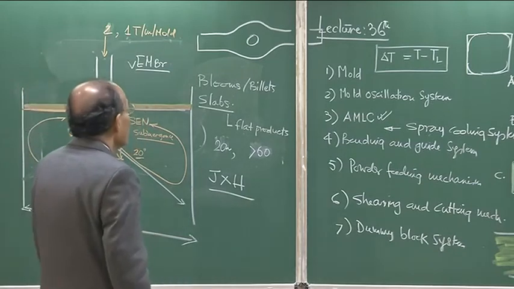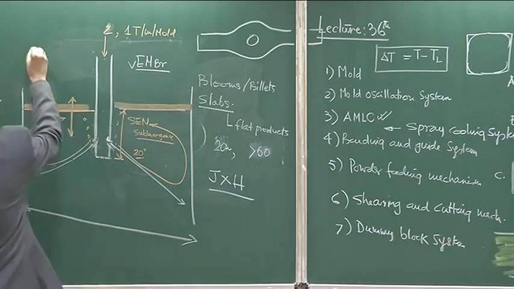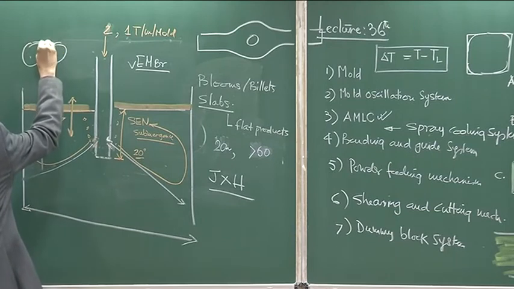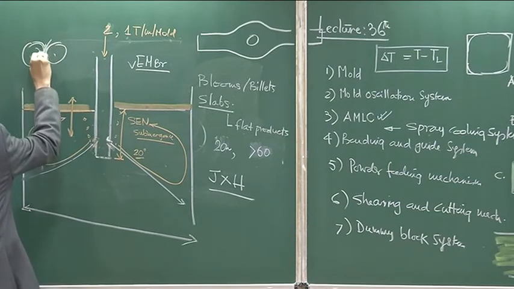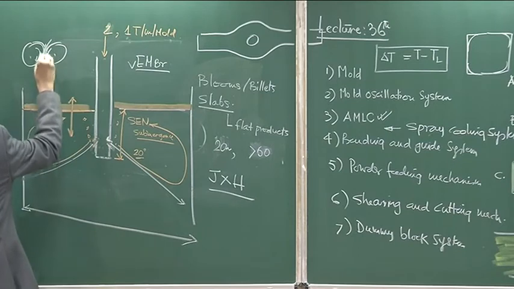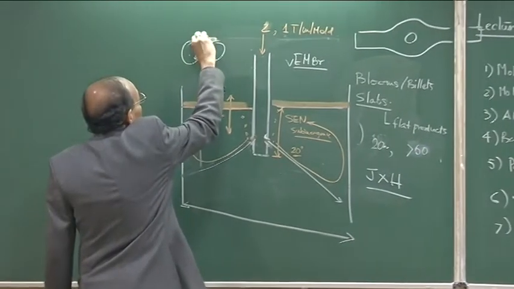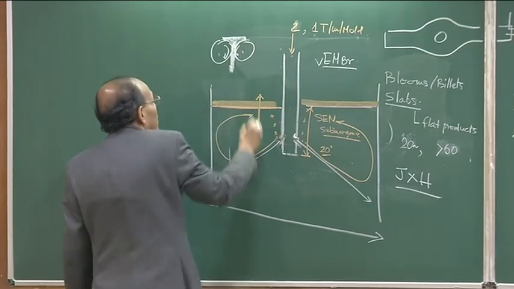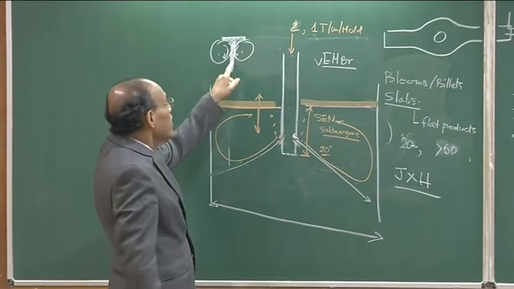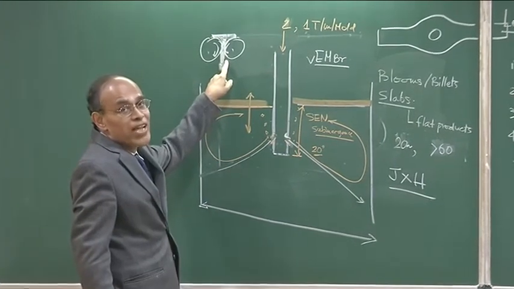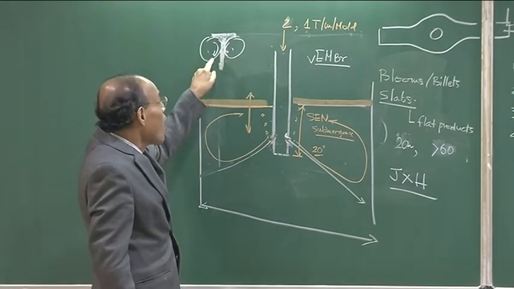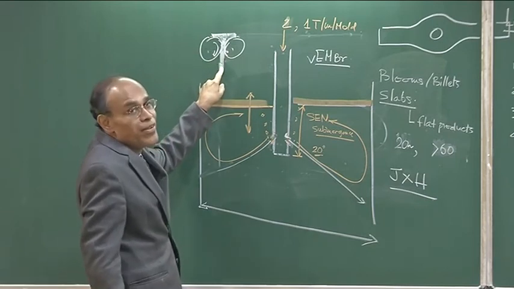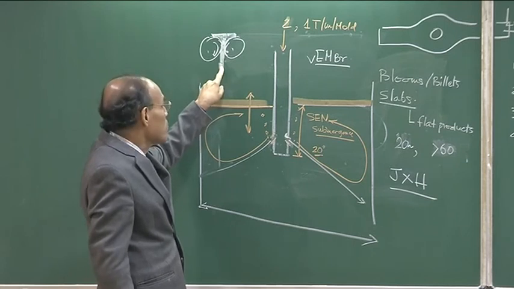And when you have a twin roll caster, that is basically a strip caster. So this is the pool of molten metal, the rolls move like this, and the strip comes out. Very interestingly, the dwell time or the contact time here is of the order of milliseconds, and within those milliseconds heat is extracted so that solidification occurs, which is a very important aspect of the strip casting machine.